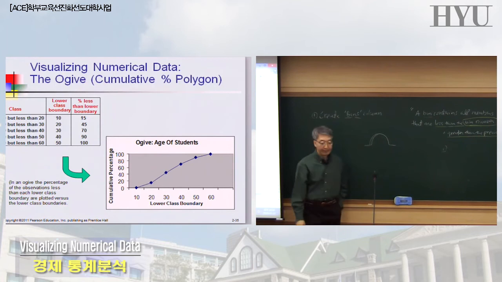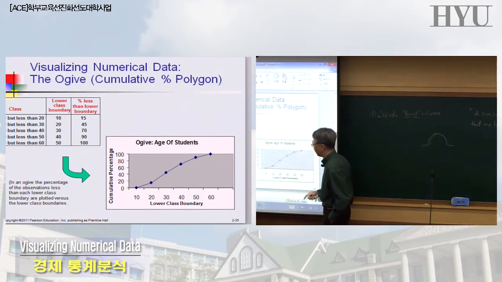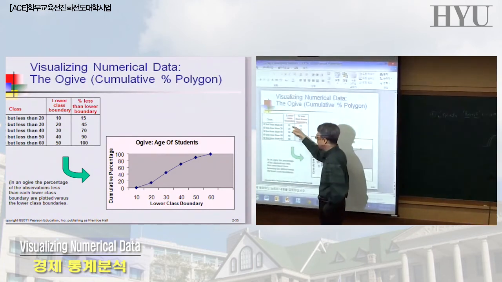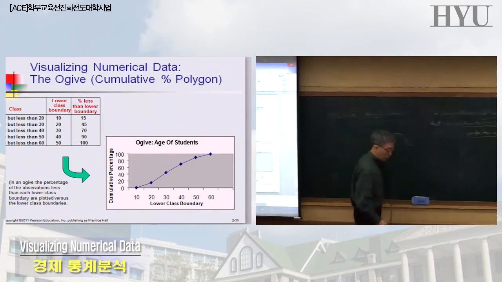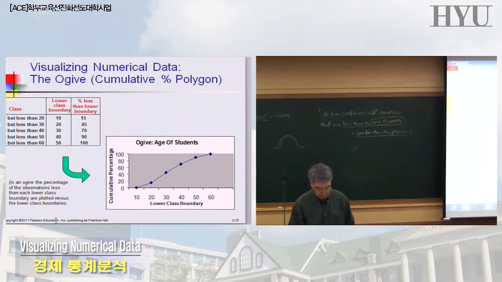So the name comes from the shape of the cumulative frequency polygon. It shows the cumulative frequency, so up to 20 we have a quarter of 45, up to 30 we have a quarter of 70, and so on. In order to create the ogive, you need to create the percentage.